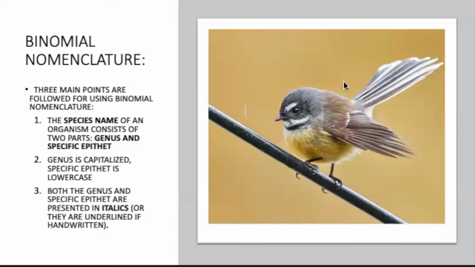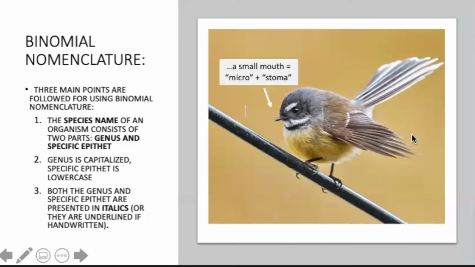We have this really adorable bird here, and we're going to practice how one might go about naming it. It looks like this bird has a pretty small mouth, right? Another word for small is going to be micro, and mouth is also called stoma. So something we might start off with would be microstoma.